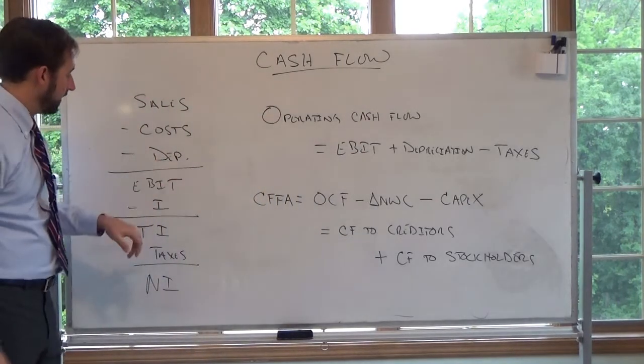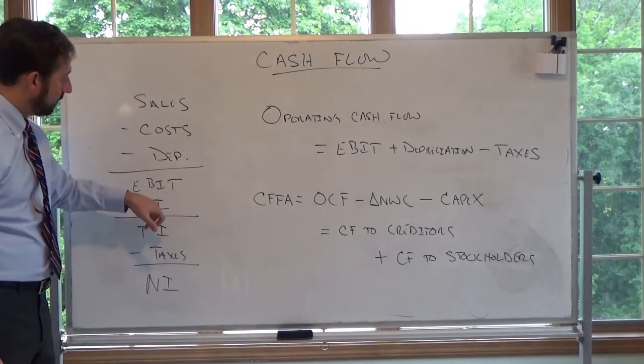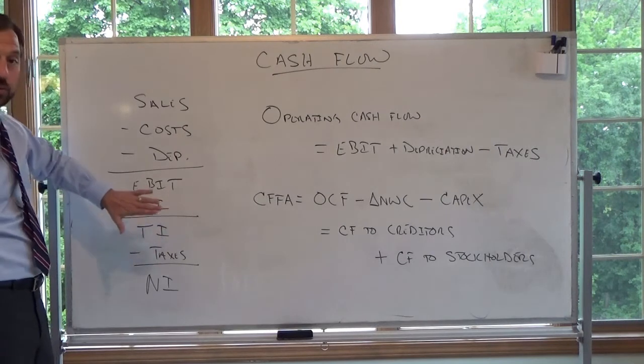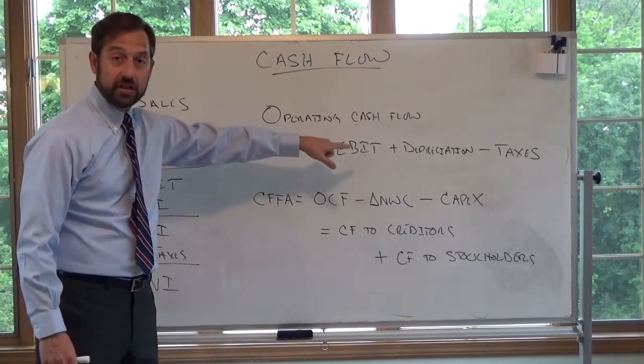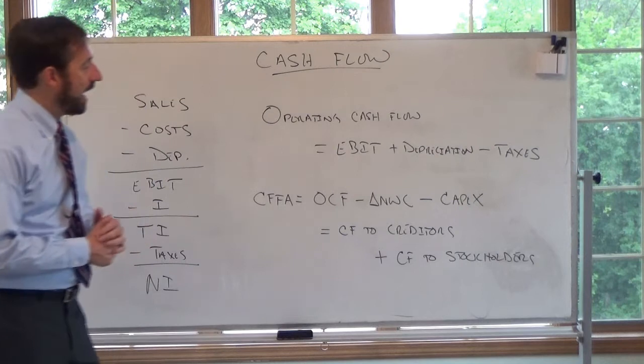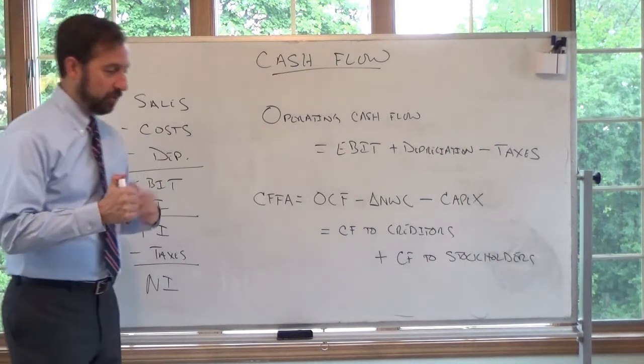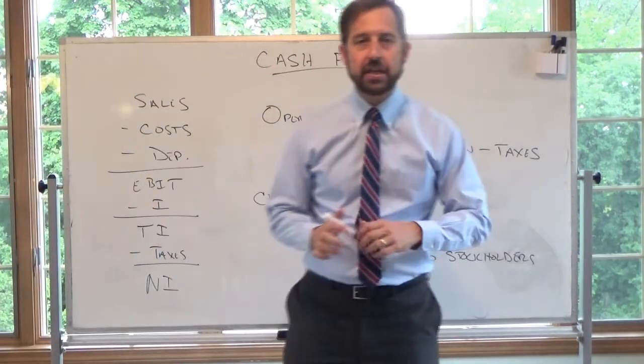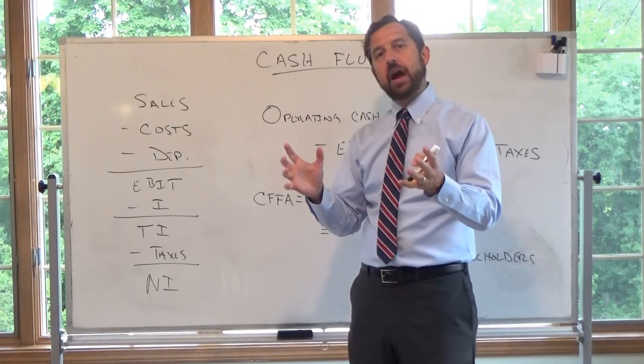The only difference here is, note that I'm leaving out interest. We do not deduct interest here. Interest is a cash outflow. However, there's an important principle to bring up now, and that's the separation of the financing and the operating component.